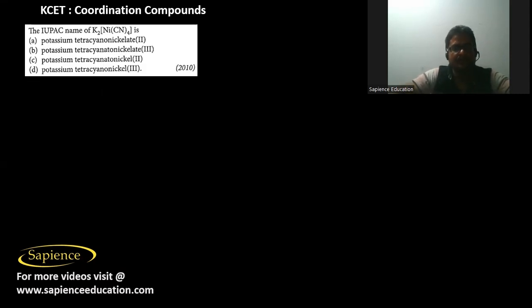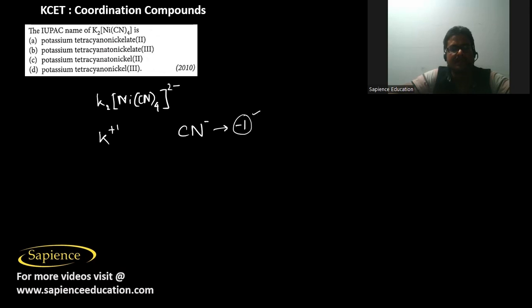Then the IUPAC name of K2[Ni(CN)4]. It means that [Ni(CN)4] here is a 2 minus ion, since potassium is in plus 1 oxidation state. And cyanide ligand, as we know, has minus 1 oxidation state. So here nickel is in plus 2 oxidation state.